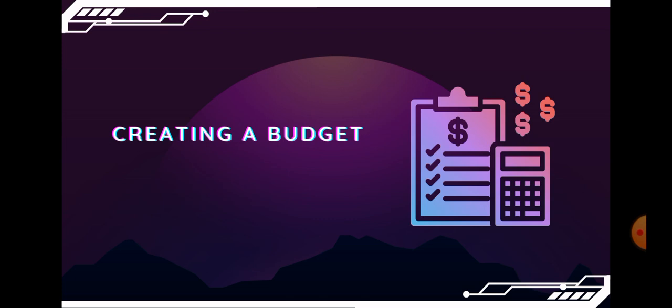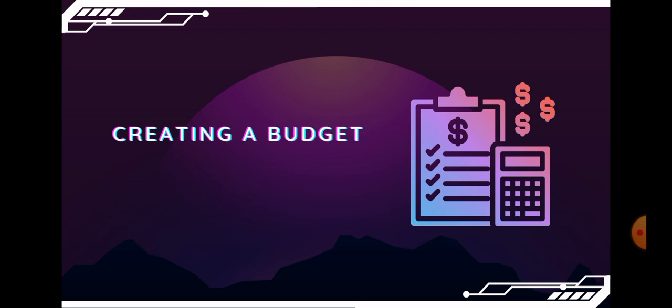You have your income category where you state all the sources of income coming to you, whether you are full-time in your business and all your income is coming from your business, or you have some other sources of income. You put all your income sources in that category, and then your expense categories where you have all your expenses listed.